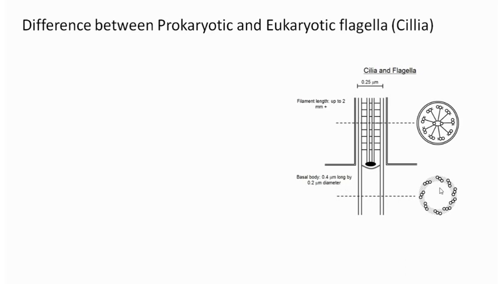The central rod, that is the two other microtubules that come in the middle, appears when the flagellum emerges from this cell. So this is a 9 plus 2 arrangement, and this is a 9 plus 0 arrangement. But here the 9 surrounding microtubules are in pairs. There are dynein proteins, and these are some spoke-like structures.